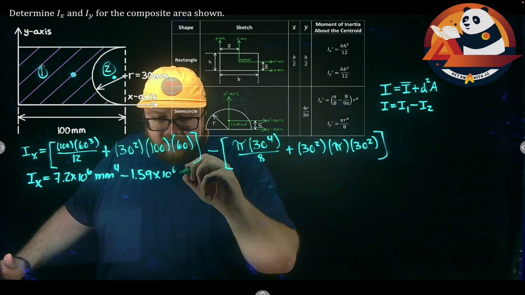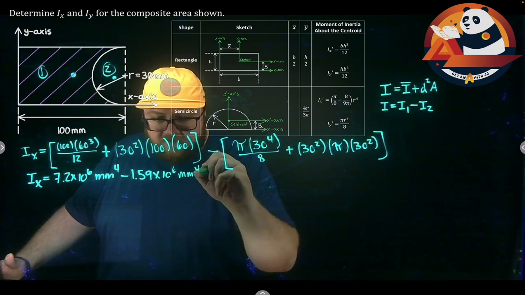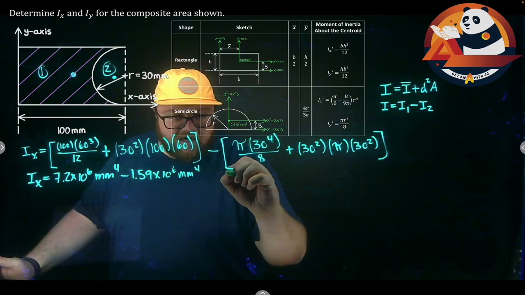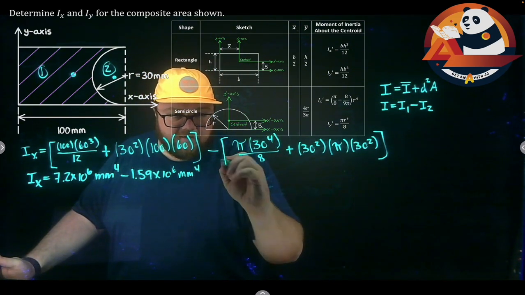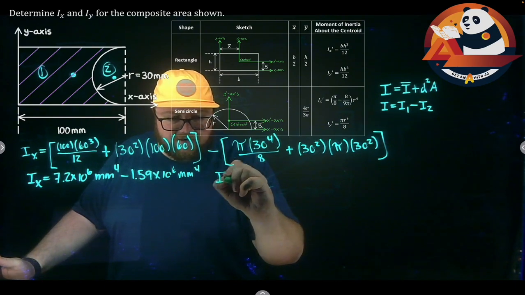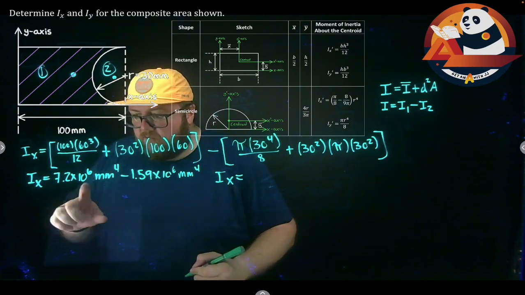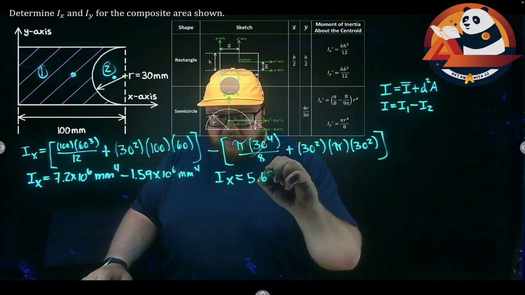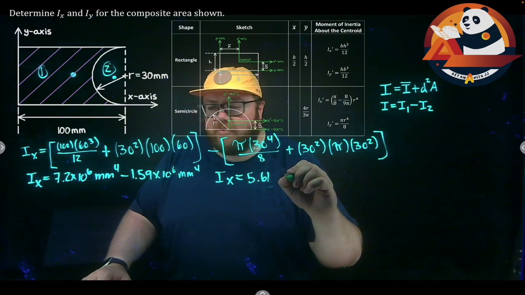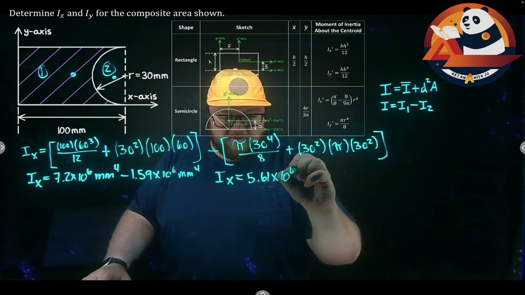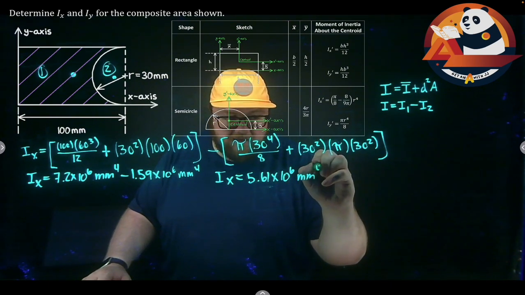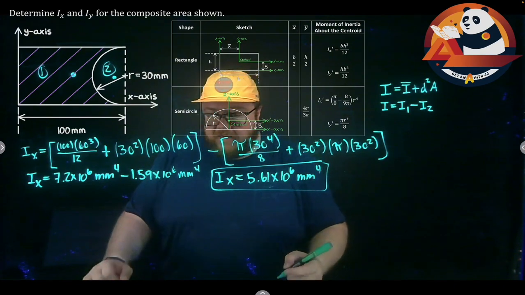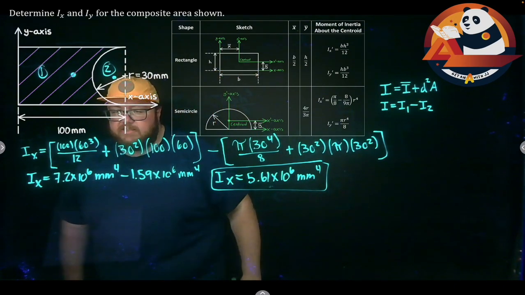Or my answer for Ix is going to be equal to 7.2 minus 1.59 is 5.61, and the rest of the units just come along with it, times 10 to the 6th millimeters to the 4th, which would be our first answer for this.